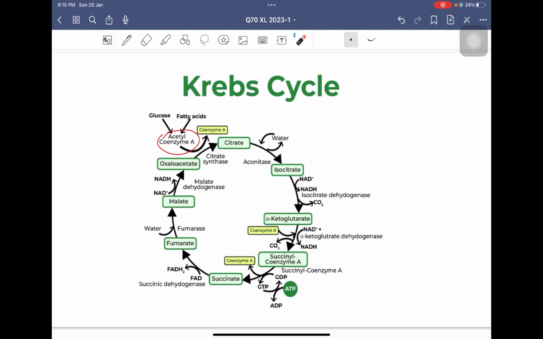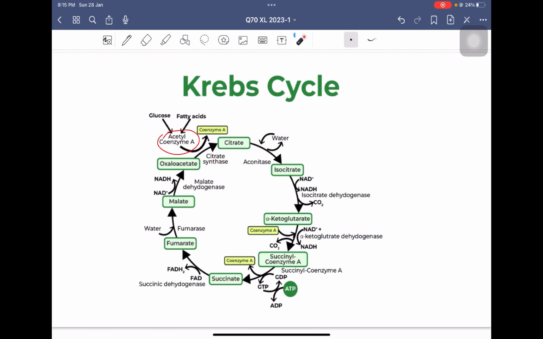This oxaloacetate will finally go on to form citrate, with the addition of acetyl coenzyme A and the oxaloacetate. This is the whole process, and it begins with acetyl coenzyme A, and the first stable product of this cycle is citrate or citric acid.